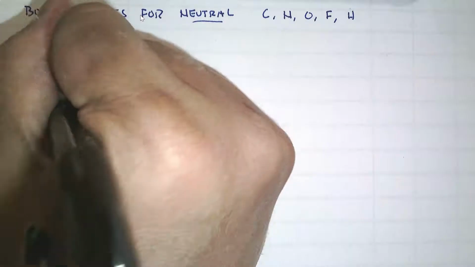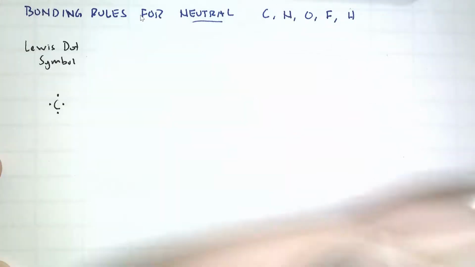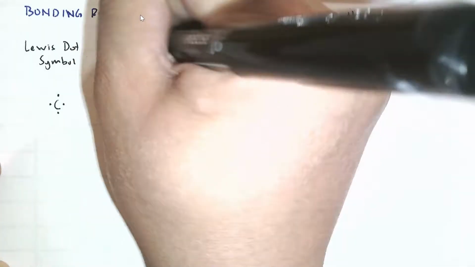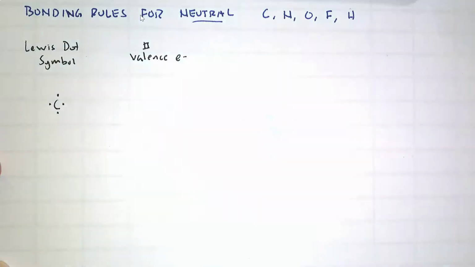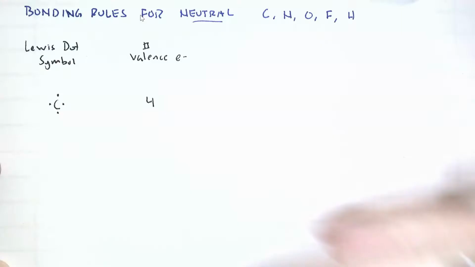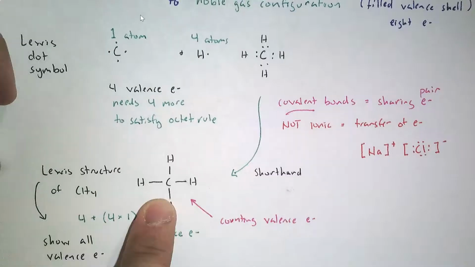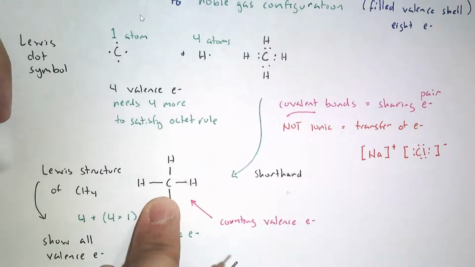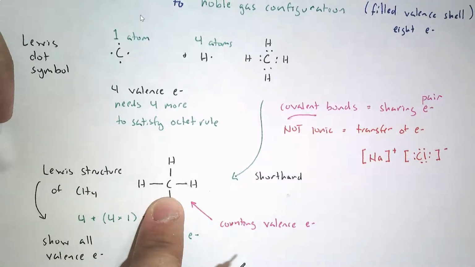Let's do C first. The Lewis dot symbol looks like this. The next column is the number of valence electrons, and we have 4. Based on our example here, CH4, this is called methane, but you don't need to know the naming of covalent compounds in this case.